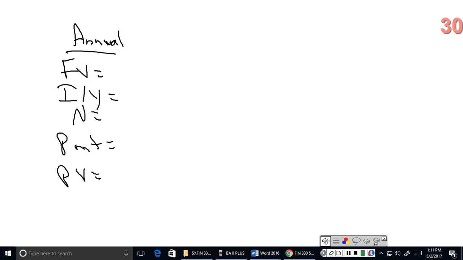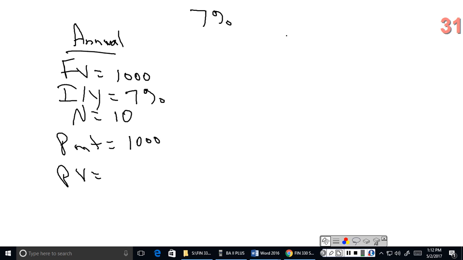The future value is $1,000. The I/Y is going to be 7%, because we're changing everything to a 7% required return. N is going to be 10. And the payment is a 10% coupon, so 10% of 1,000, which is 100. And we compute the present value.